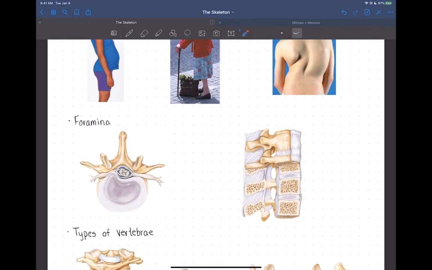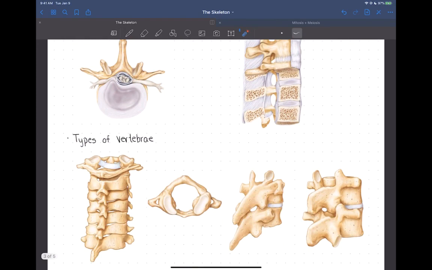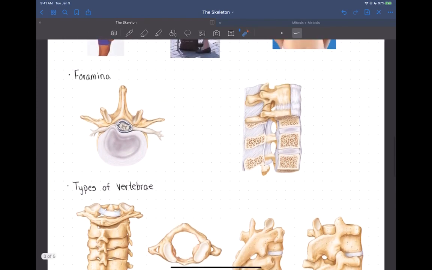The first one that's really important, if you see a vertebrae, there's going to be a large hole here. This is the vertebral foramen. It goes down the middle of that vertebrae. You can actually see it here on this particular vertebrae. So it's a very large hole.